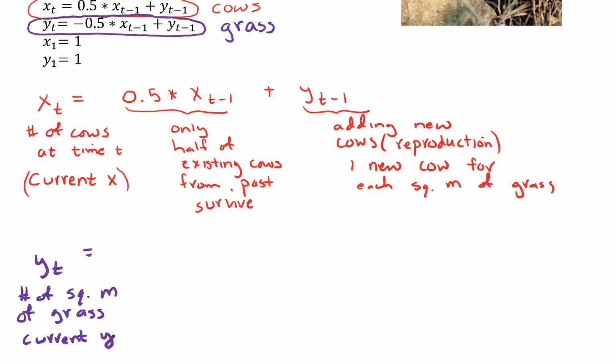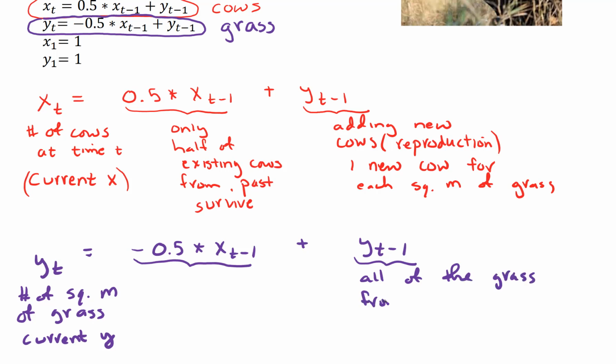It's simply negative 0.5 times x sub t minus 1 plus y sub t minus 1. What does this mean? Well, the cows have been eating the grass, so we're going to have less grass in the system. So we start with all of the grass from the previous time step, and then we're going to subtract, right?